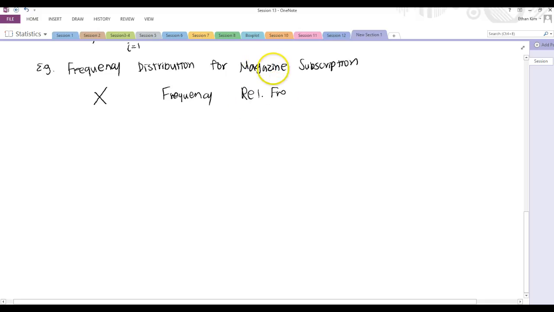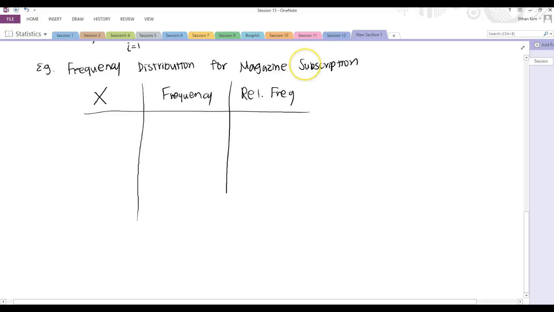This is similar to what we've done in the past. There are 5 options for x, and these are the frequencies, and these are the relative frequencies.